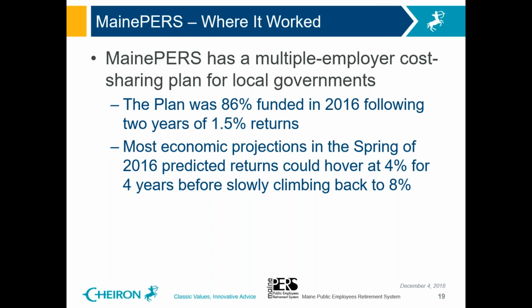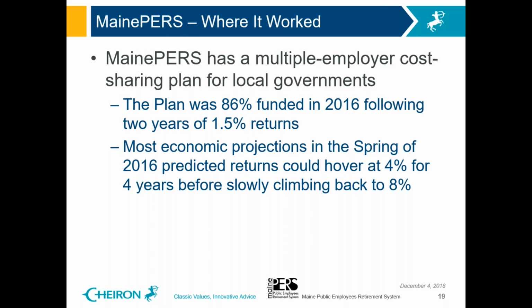And we had 2 flat years, and everybody probably remembers 2015 and 2016 as years where, at least in our case, I think we earned an average of 1.5%, and that wasn't untypical. Some people earned 3%, but it was substantially below what our earnings assumption was at that point in time of 6.875%.